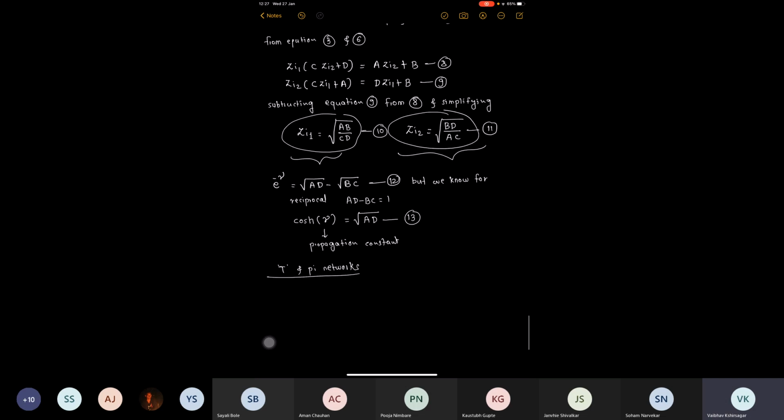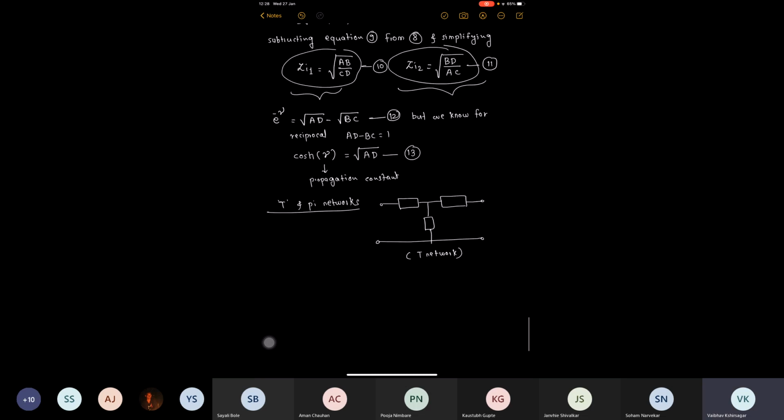A T network is a network which resembles a T-like structure having certain reactive elements in its arms. So this is a typical T network. And the alternative to this is a pi network where the first element is a parallel element, the second element is series, and again the third element is parallel.